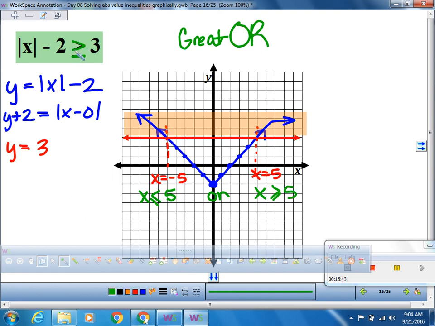Both answers, both of these? Absolutely. They are included because the original problem was included.